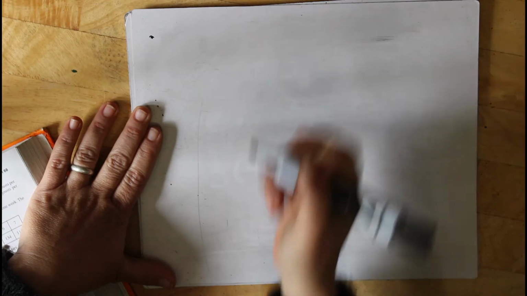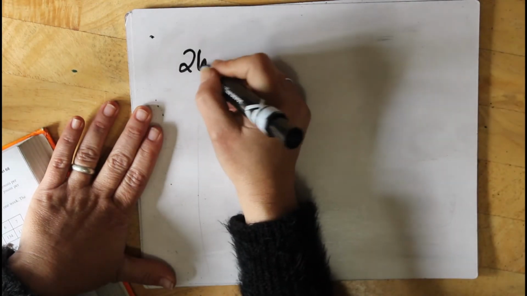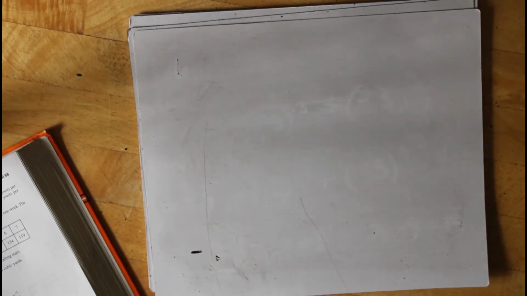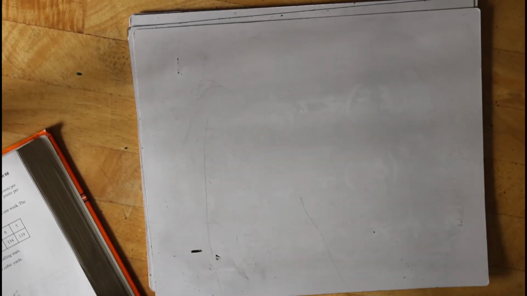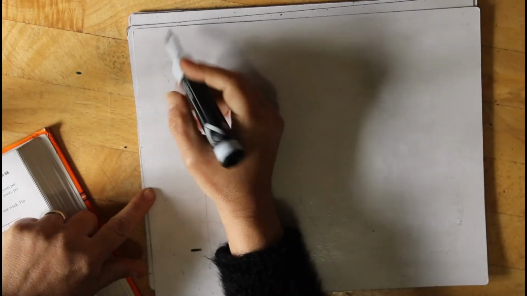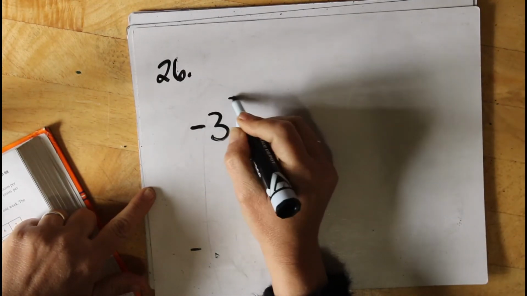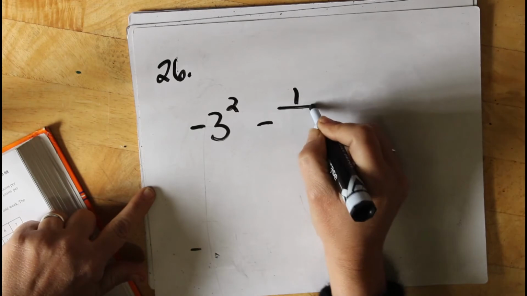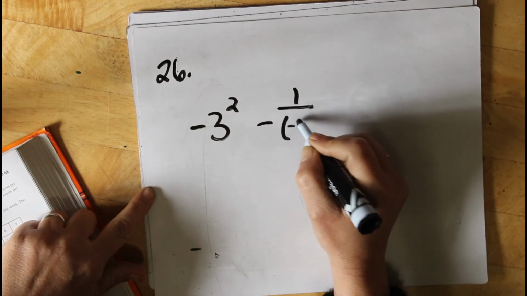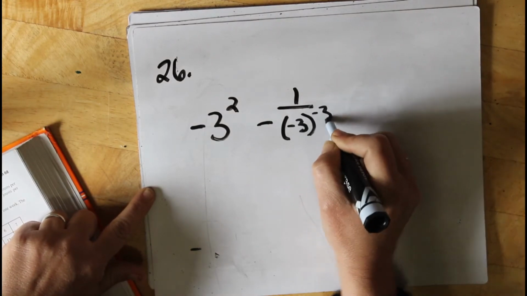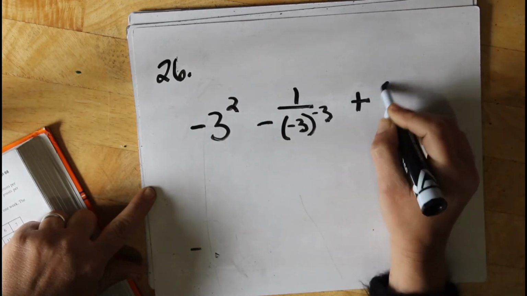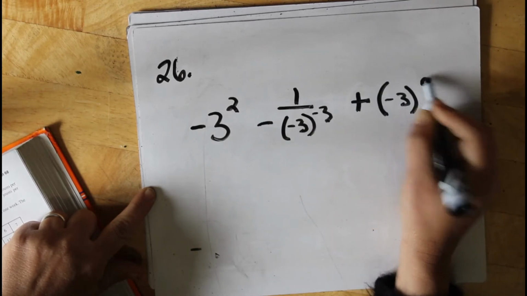Alright, the next one is number 26. Alright, number 26 is negative 3 squared minus 1 over negative 3 to the negative third plus negative 3 to the 0.